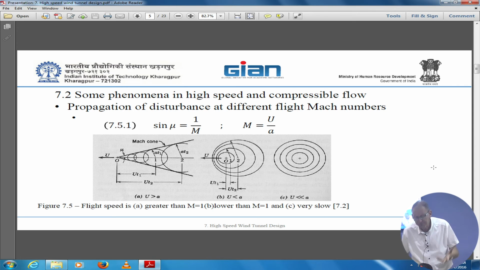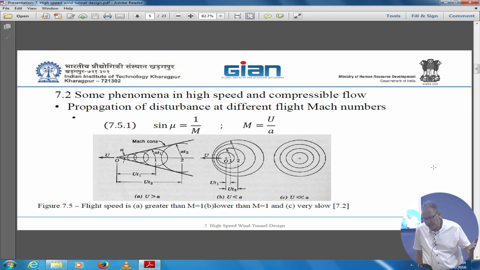Once the element is flying close to the speed of sound, it is almost overtaking the front of the disturbance, and it builds up a front of higher pressure in the front and lower pressure in the back.